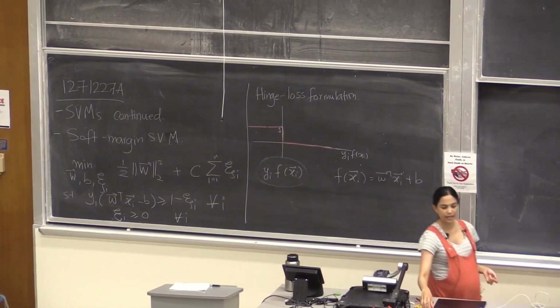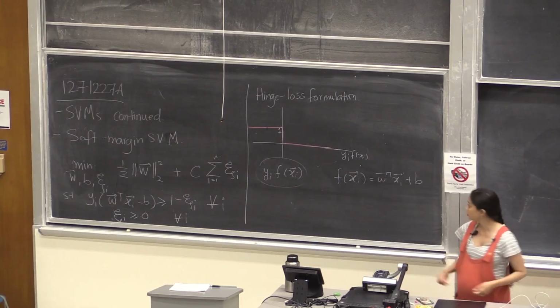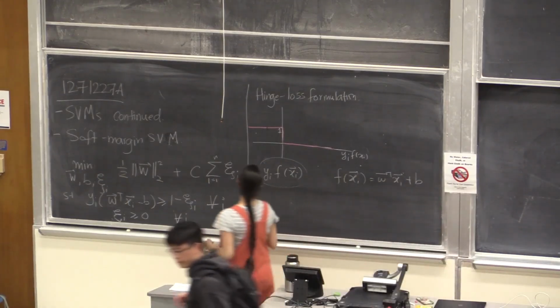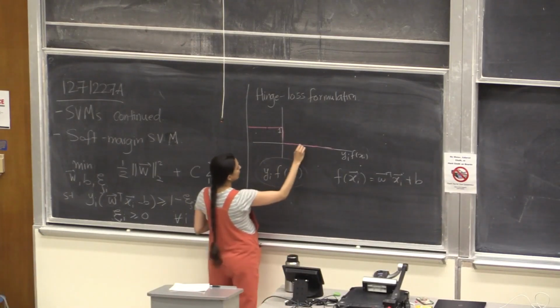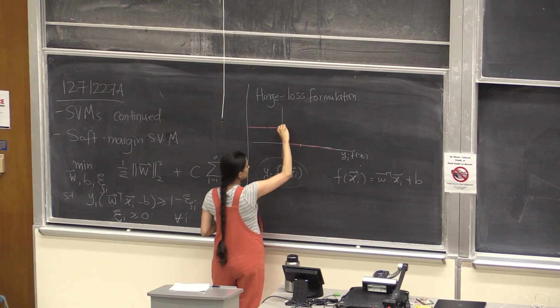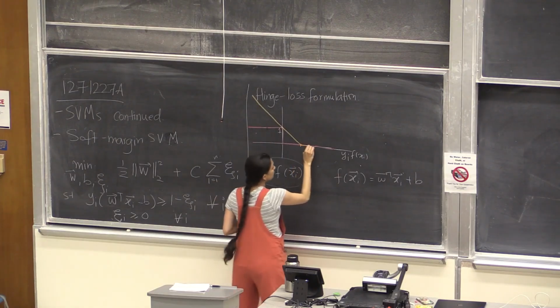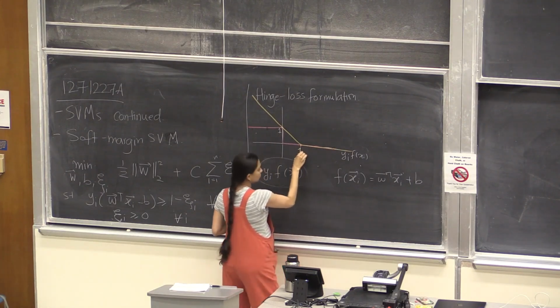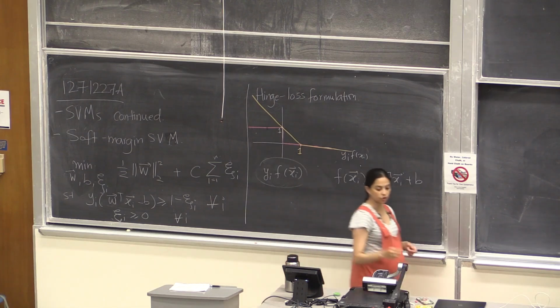A convexification of this loss function is what is called the hinge loss formulation. So basically I'm going to consider the following loss. I'm going to consider this orange curve.